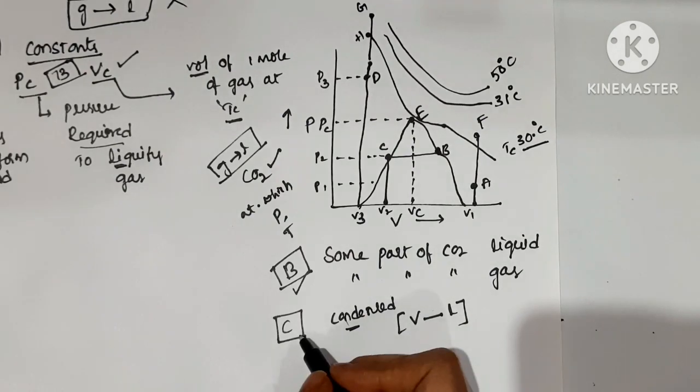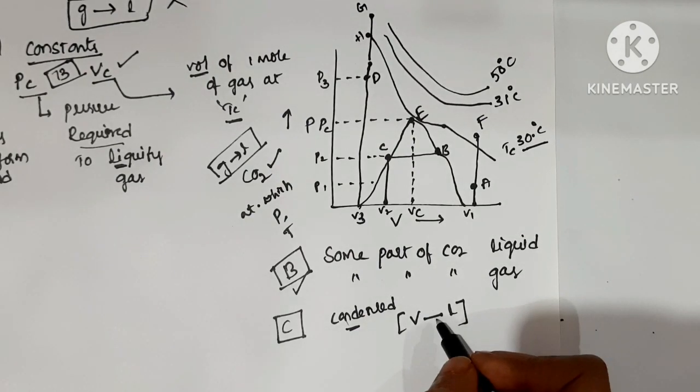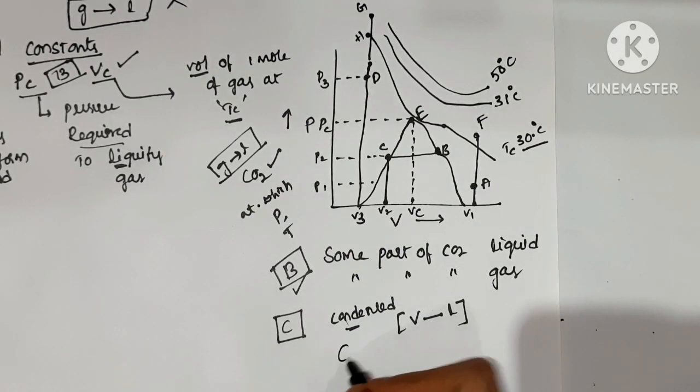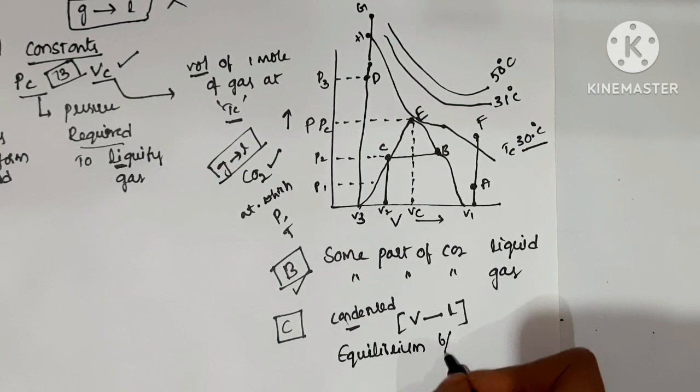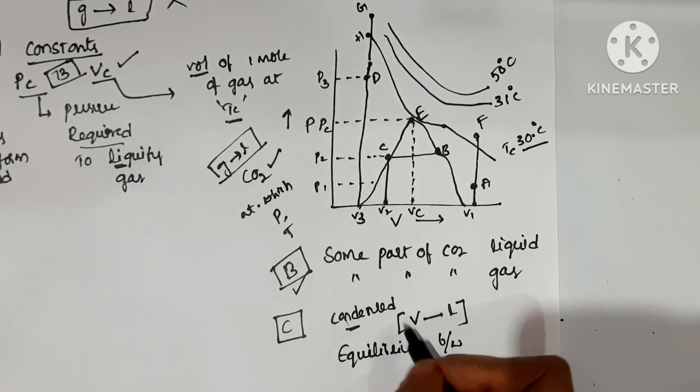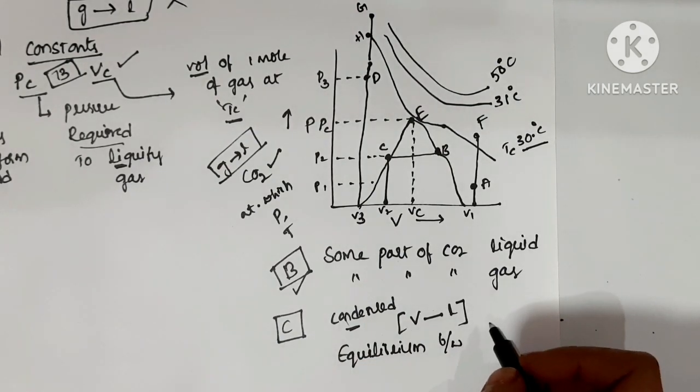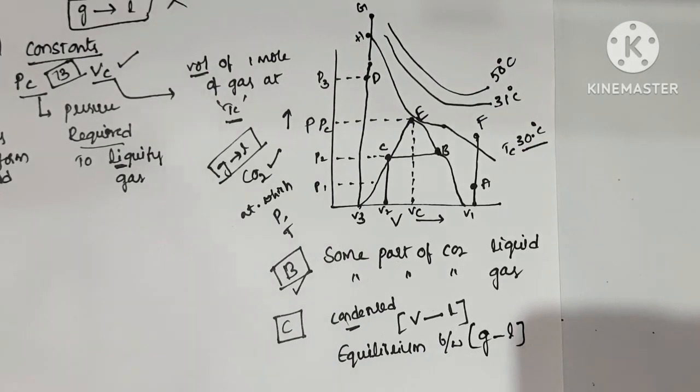That means here at C point, there is equilibrium between two states of matter, both liquid state and gaseous state. Equilibrium between gaseous state and liquid state.